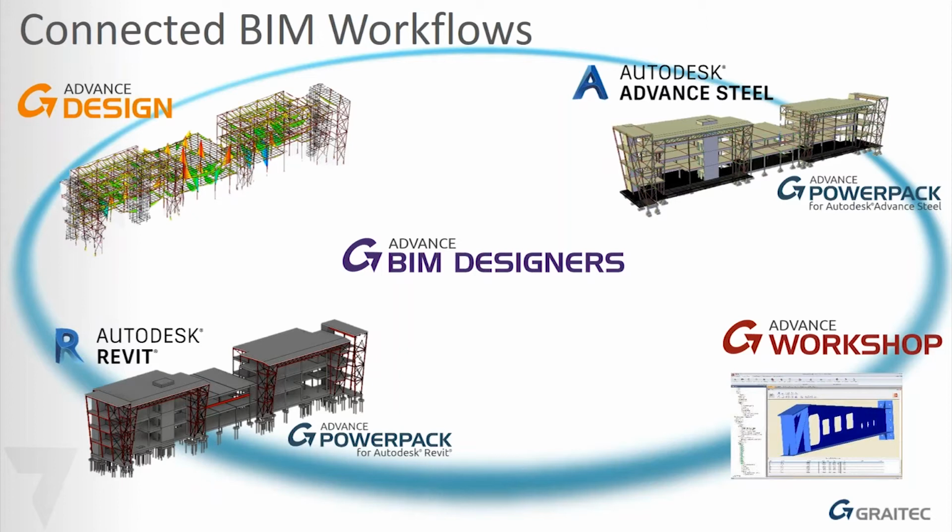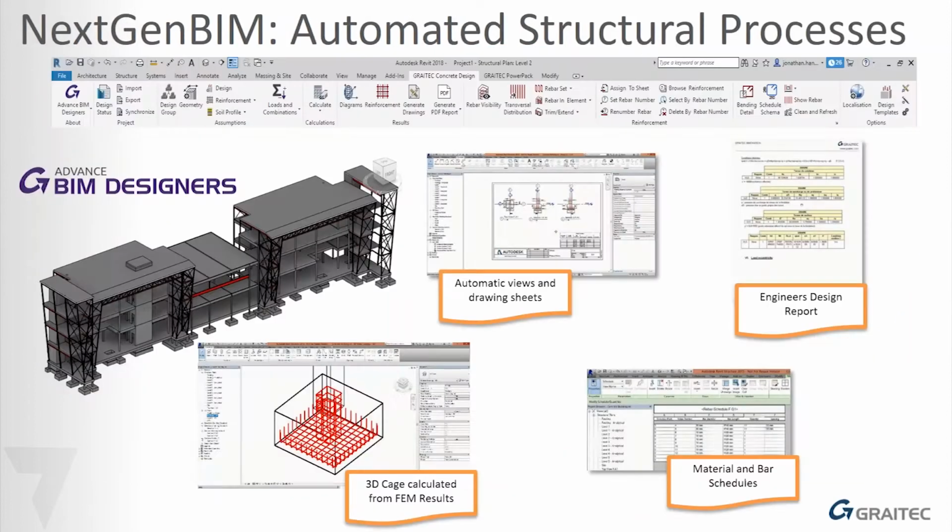Then we have our Advanced Power Pack for Autodesk Revit, and the Advanced Power Pack for Autodesk Advanced Steel, and then for steel fabrication and management we have our own Advanced Workshop. What we're trying to do is use this range of software and platforms to connect the BIM workflow, to take it from concept to production.